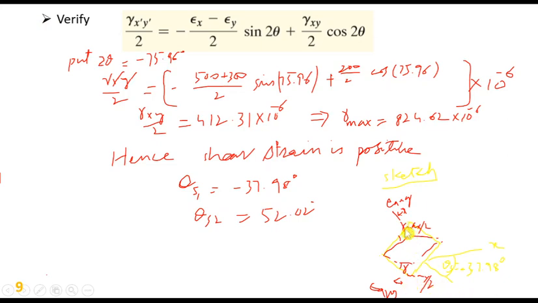This is the normal x, and this is the maximum shear plane axis, and the difference between this edge and this edge will be epsilon average. So that I have shown here.